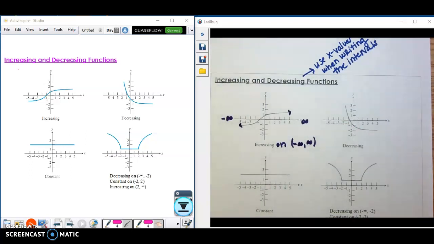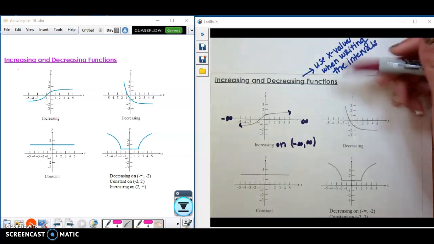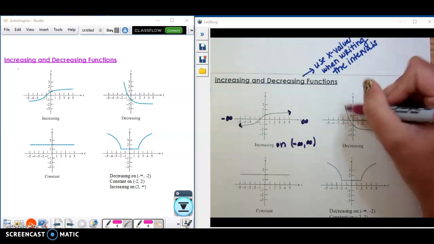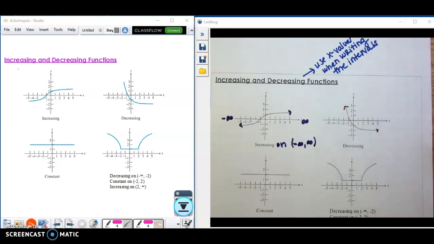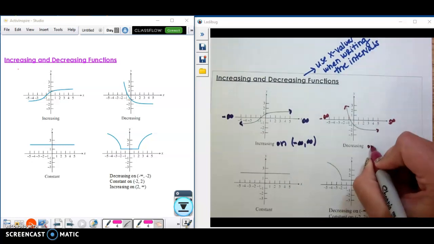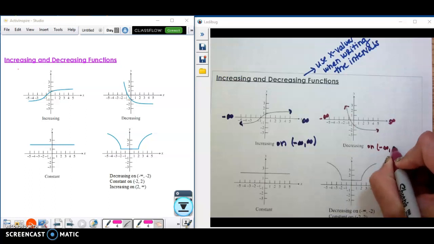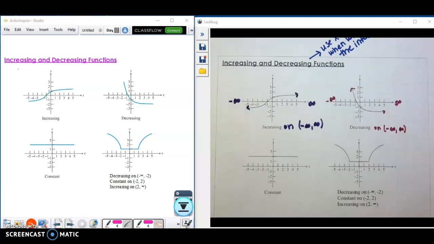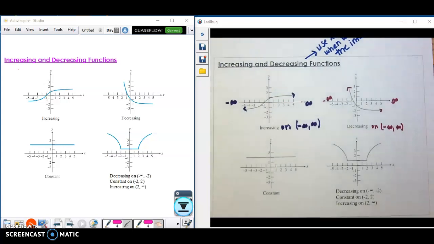Then if you look at the one to the right, going from left to right, this entire graph is decreasing. To write our interval, I'm going to put my negative infinity and positive infinity. We would say the whole graph is decreasing on negative infinity to positive infinity. Now this last one here is if the graph is constant, so if it's not increasing or decreasing, if it stays the same.